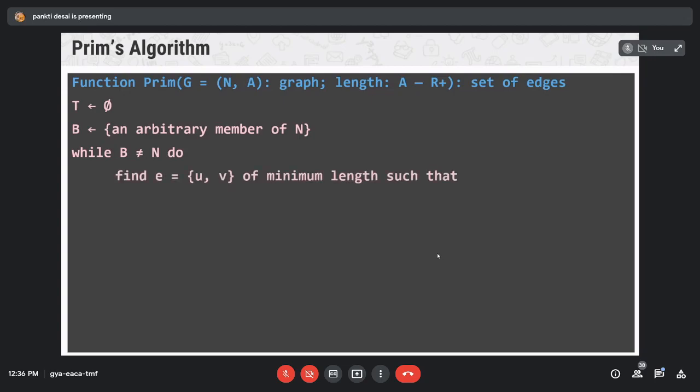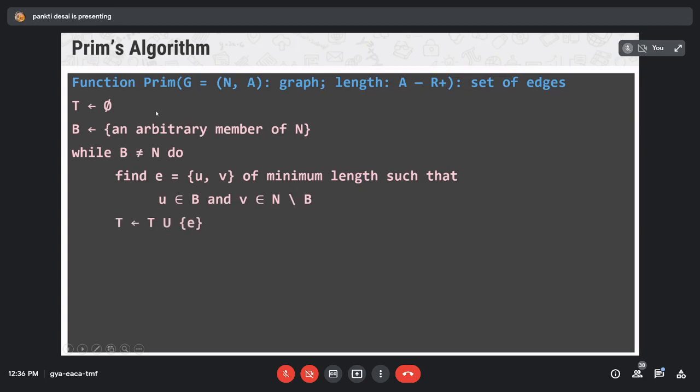find e equals uv of minimum length or weight such that u is a subset of v and v is a subset of n. So this is the selection of the minimum weight vertices of b.